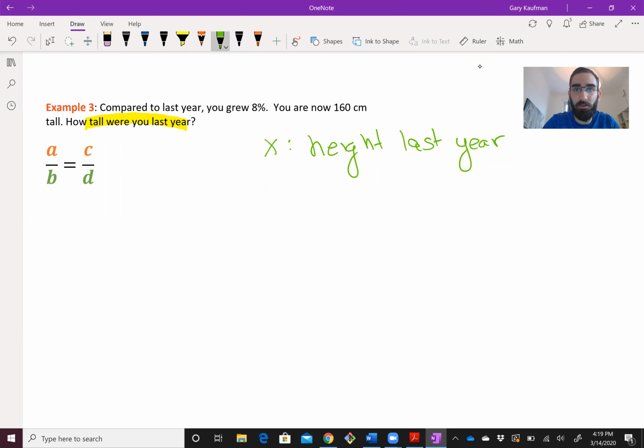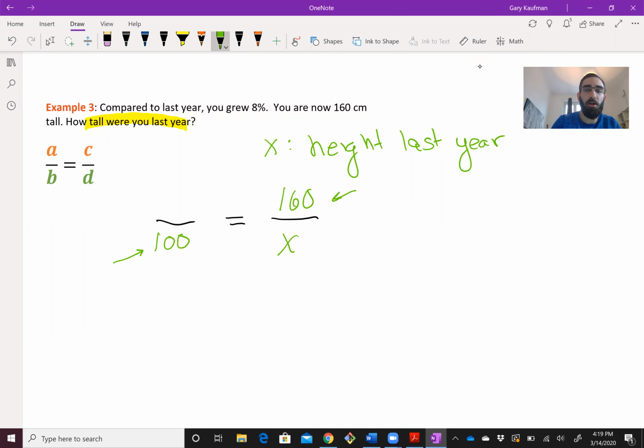Now let's make sure we understand why it's D. We're comparing to last year. We already know that in our proportion, we have our 100%, which represents our starting height. And since we're comparing to last year, and that's what we're missing, that's why that's our 100%. So that goes here. Well, we now know we are now 160 centimeters.